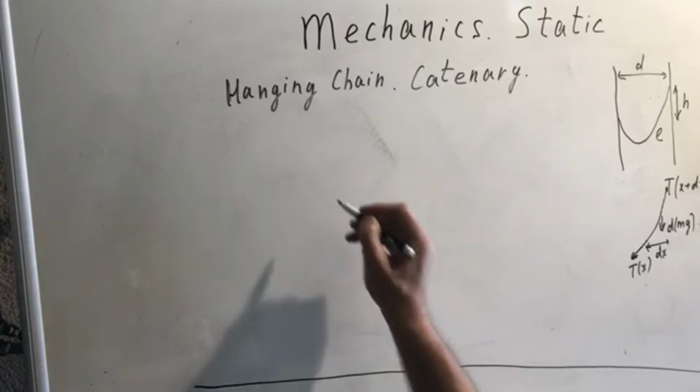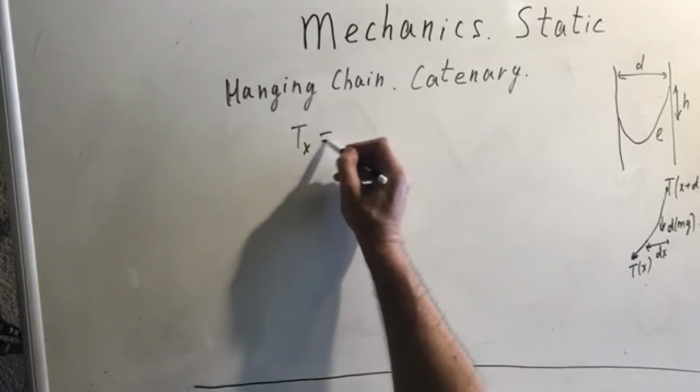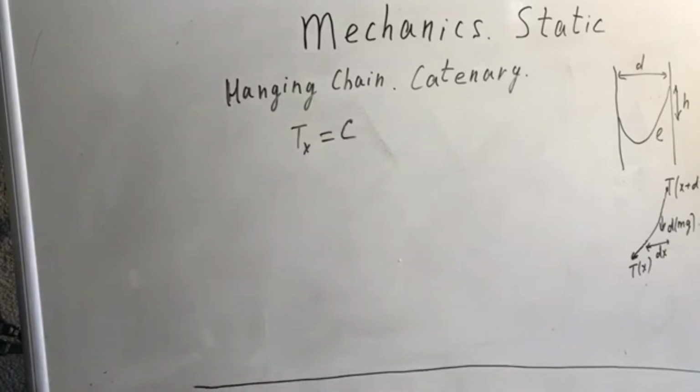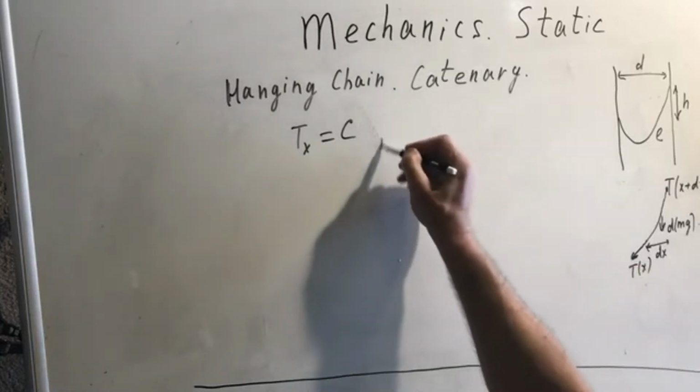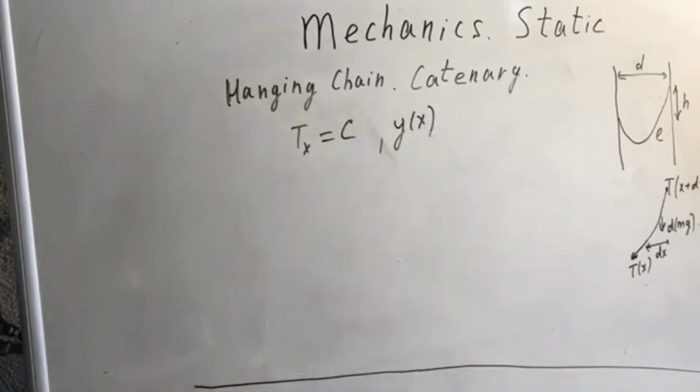Let's set Tx equal to this constant C. Now let's describe the shape of this chain as a function y(x).